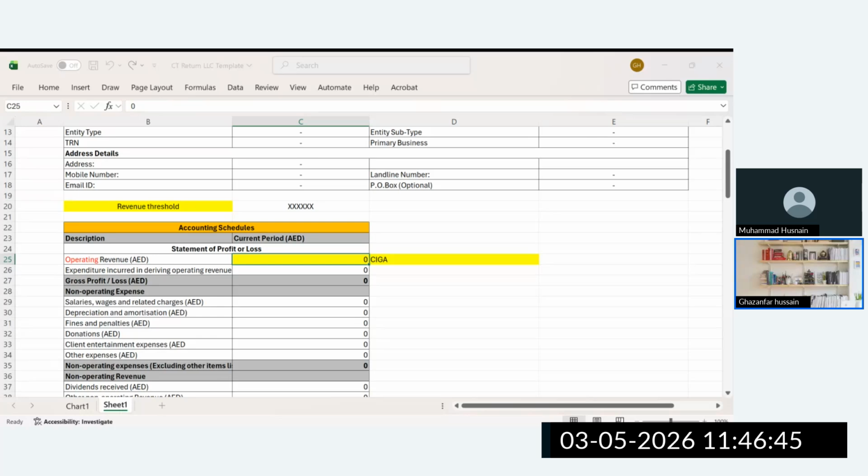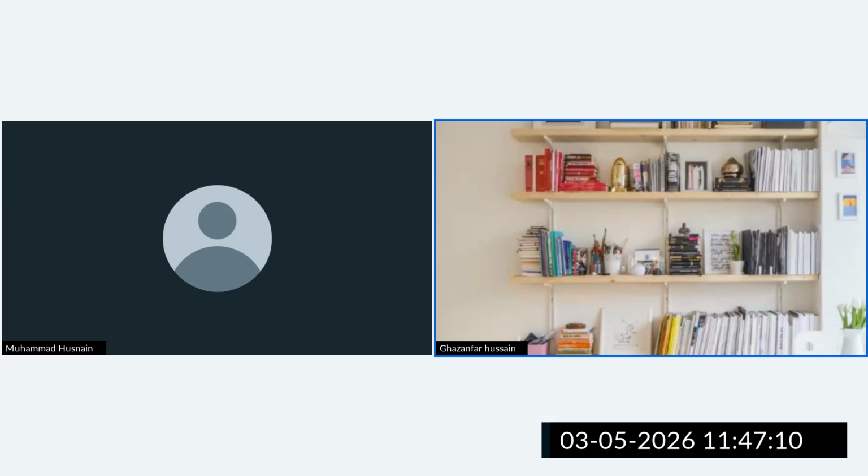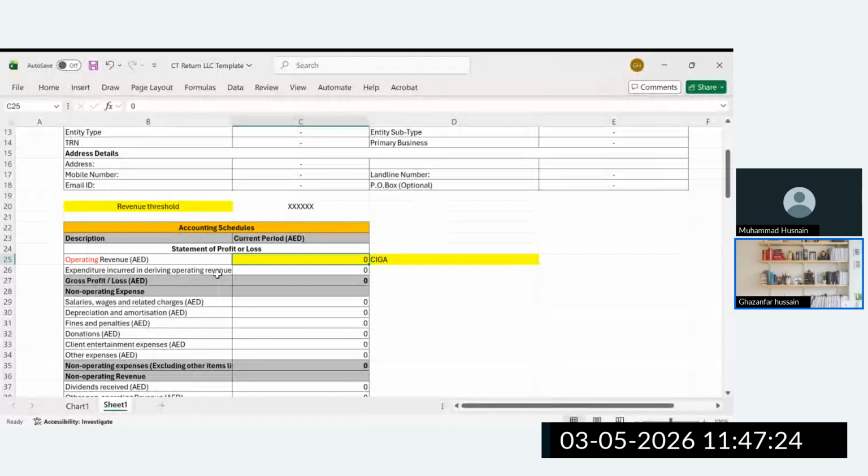So here the point we were discussing was the revenue: from where the revenue is coming, why the revenue breakup is there, how many activities of the revenue will be included and why, and from where the revenue figures are coming. Okay, so now what is our next point? Expenditure incurred in operating revenue.